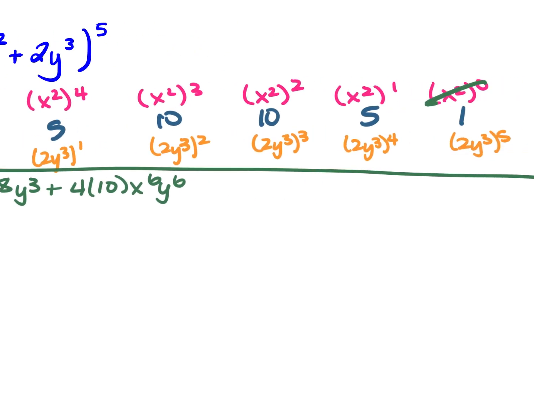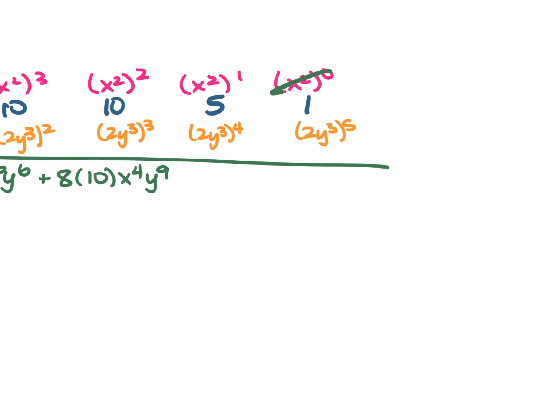Next you have 2 to the 3rd power, which is 8 times 10 times x to the 4th, y to the 9th. Next, 2 to the 4th power is 16 times 5, x squared, y to the 12th. And lastly, the 2y cubed to the 5th power is 32, y to the 15th.